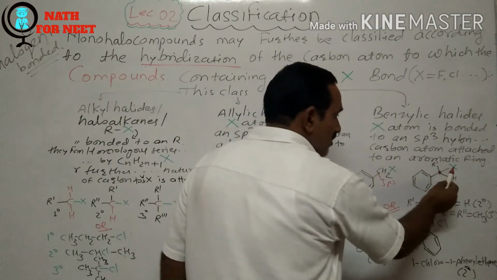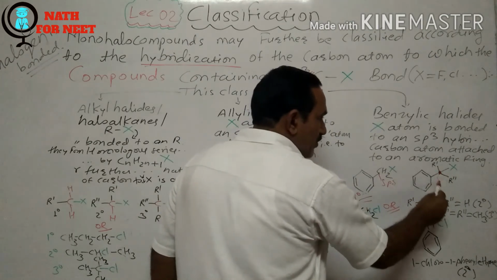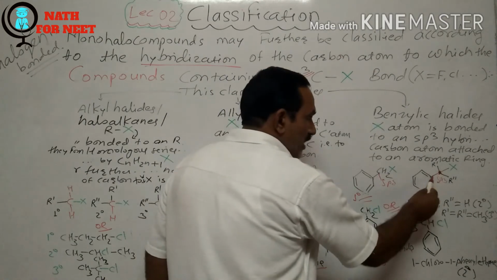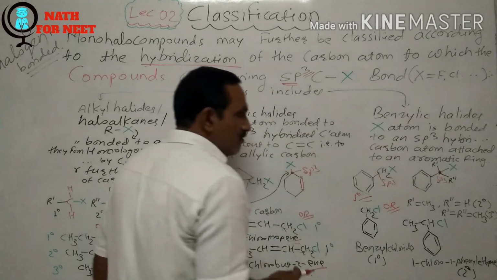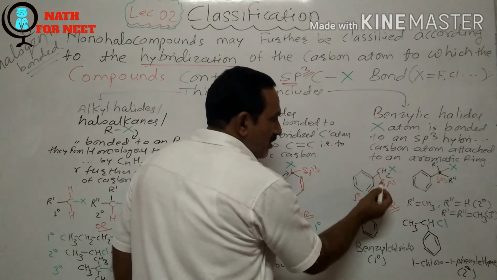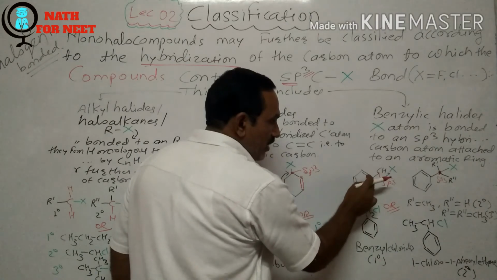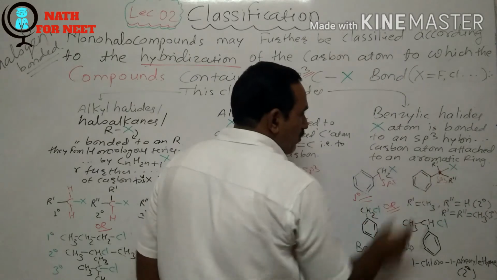Here also the halogen atom is bonded to this sp3 hybridized carbon atom. This one is attached to the aromatic ring. Again here, this sp3 hybridized carbon atom is attached to the aromatic ring where the carbon-carbon double bond is. Here also the carbon-carbon double bond is there.